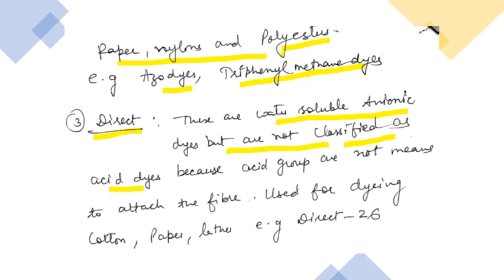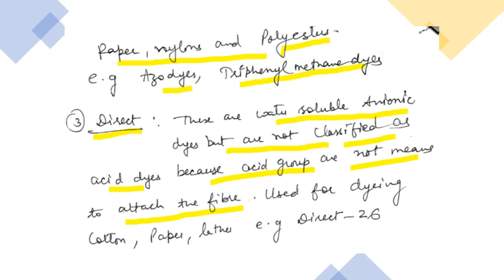These are also anionic dyes, means the anionic part is there in the compound, but it is not classified as the acid dyes because the acid group present in this compound does not have the means to attach to the fiber. So it is not having the application of attaching to the fiber here, the anionic part. That's why it is not classified as the acid dyes.